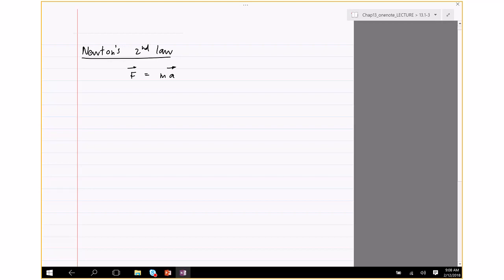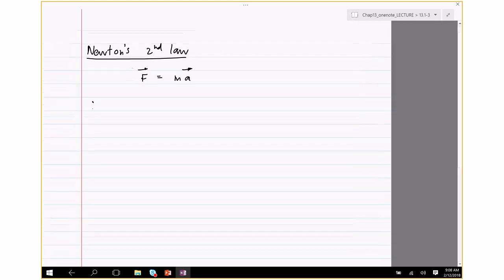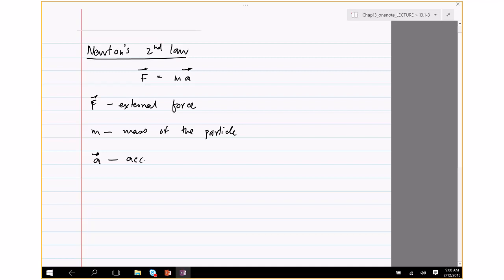So, what's F, M, and A? F is the external force. M is mass of the particle, and A is the acceleration.